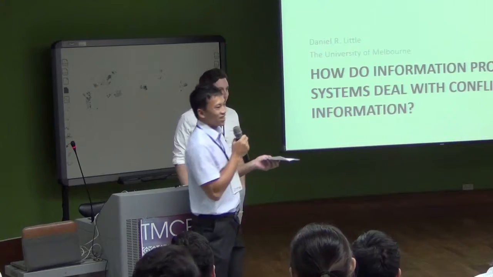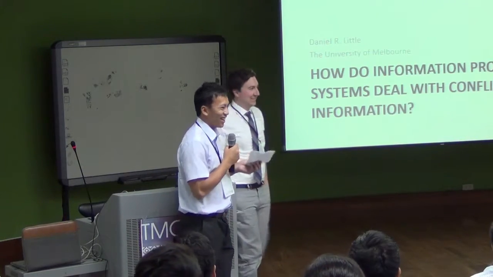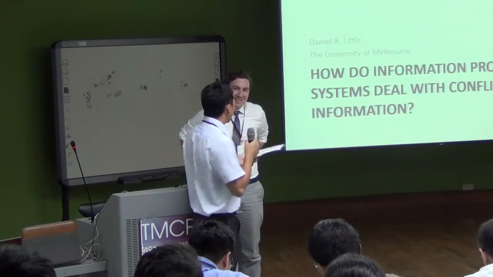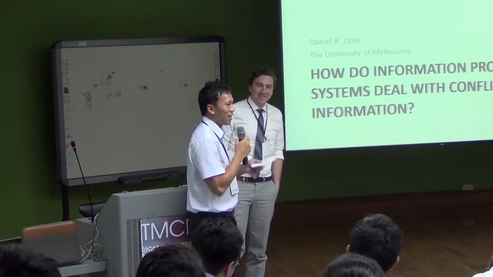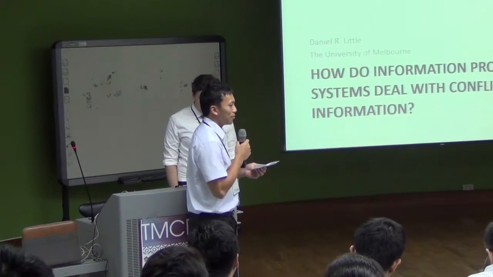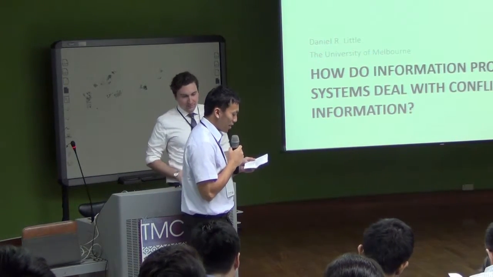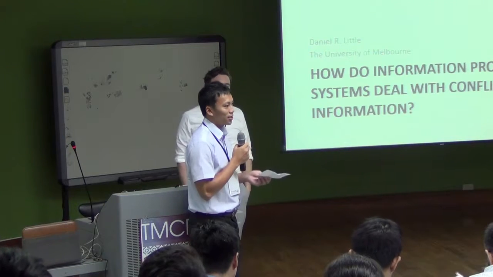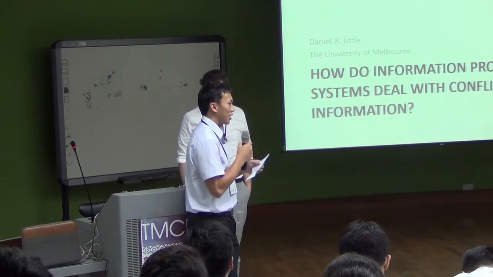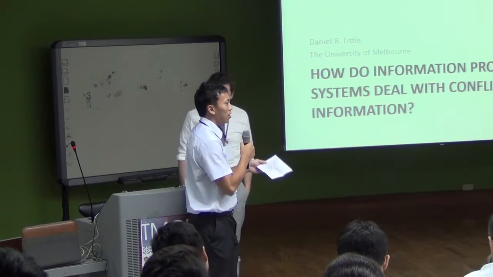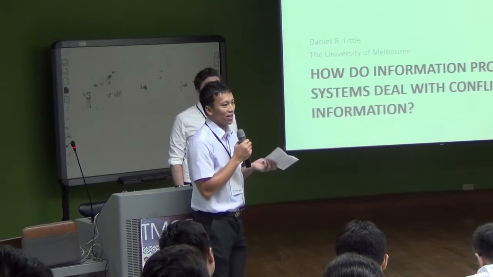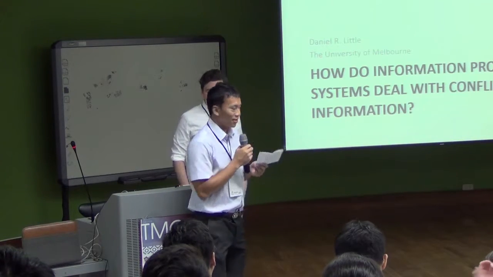Actually, not Jim's, no, down the hall, not the James. Take credit though. And then he went back to Australia, and now he teaches at the University of Melbourne. Daniel is interested in the categorization process and relates the categorization process to other cognitive processes. So let's welcome Professor Daniel.